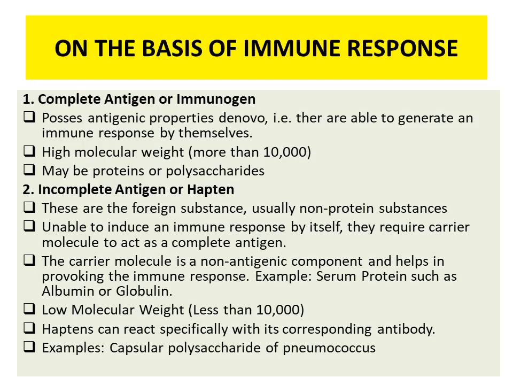Their molecular weight is much less than 10,000 daltons. When combined with a carrier molecule, which is a protein, they form a hapten-carrier complex, which becomes immunogenic and provokes the immune responses.